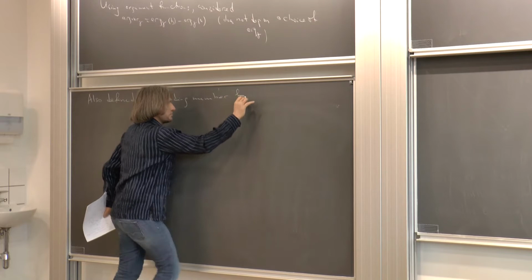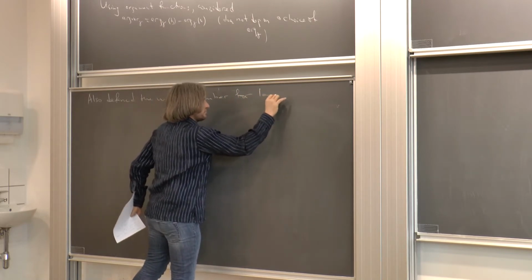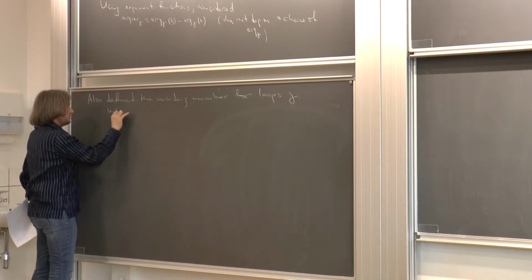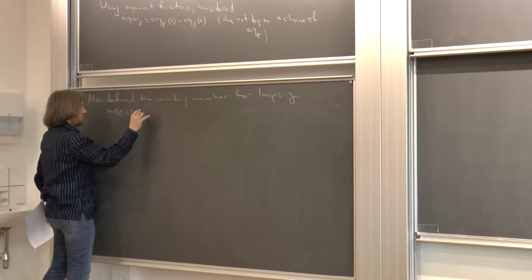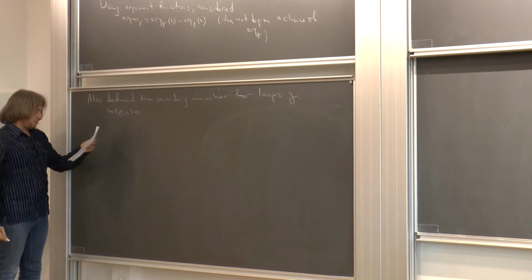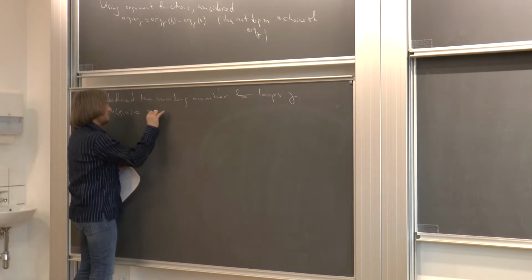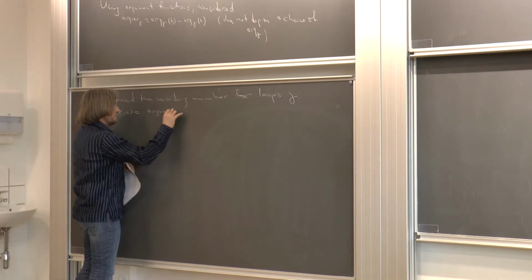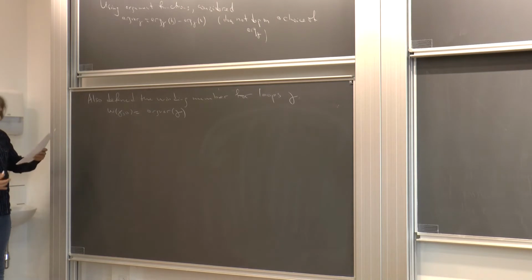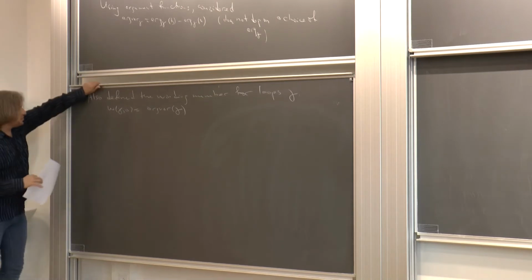So winding around 0 is simply the variation of argument along gamma.